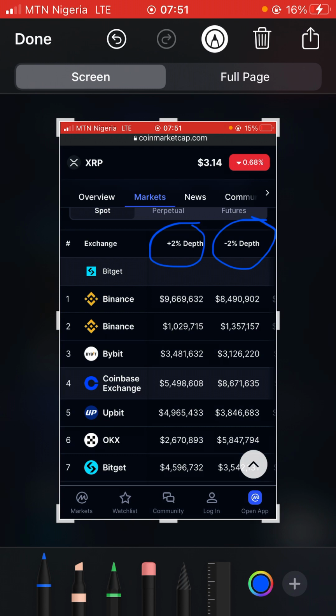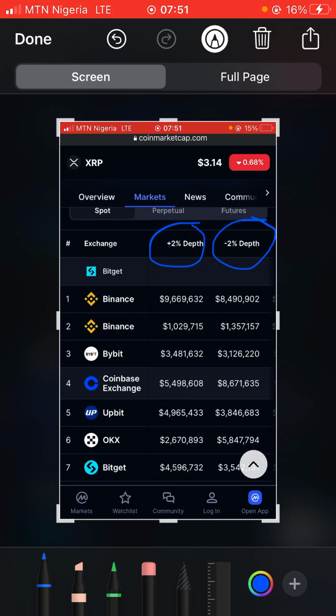When I say order books, I'll go to my Bybit app to show you what an order book means. Now when you see the plus 2% depth, it simply means the amount of money that the sellers are putting into the market, the sell limit orders.